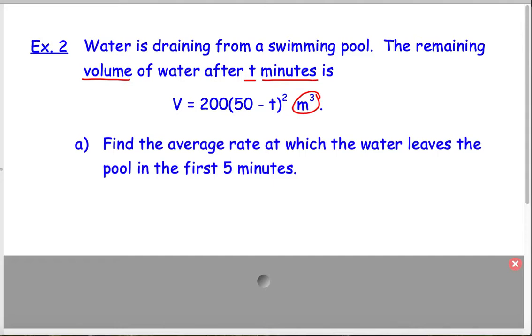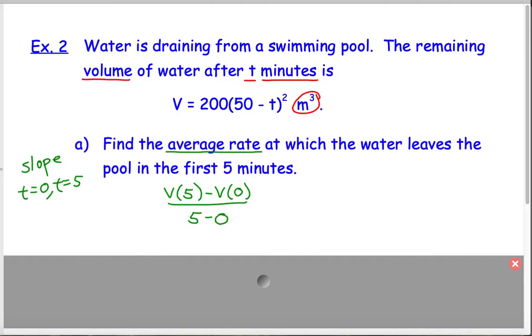So average rate of change, that's slope. So when you see average rate of change, think slope. And so we're thinking the first 5 minutes, that's from t equals 0 to t equals 5. So we're going to calculate the slope. So we're going to do V(5) minus V(0), so the difference of the y's over the difference of the x's.